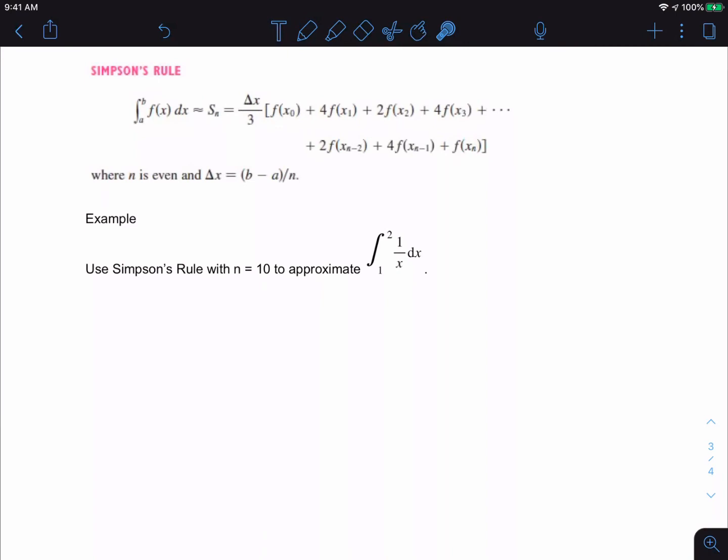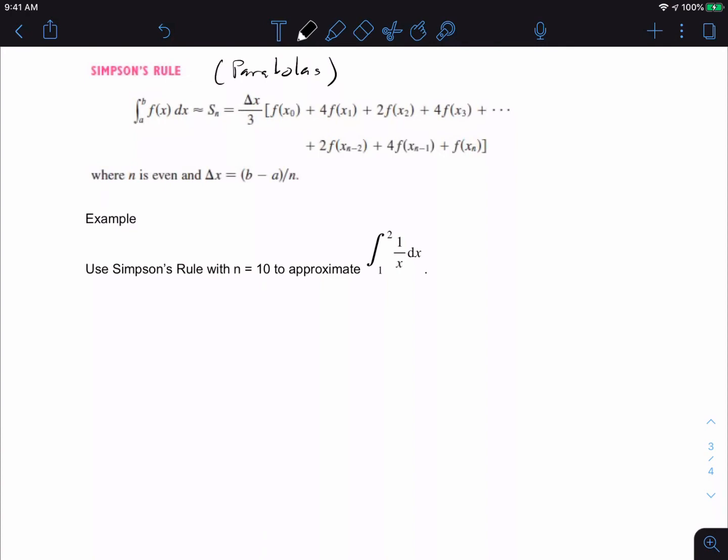So just like the trapezoid was 1, 2, 2, 2, 2, 2, 2, 2, 1, Simpson, when he looked at these curves, saw that it would alternate from 4 to 2, 4 to 2, 4 to 2, which is kind of cool. But the big difference between Simpson and the others is that Simpson would use parabolas for approximations.